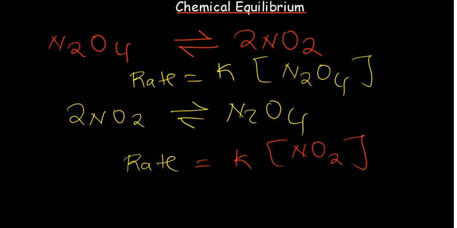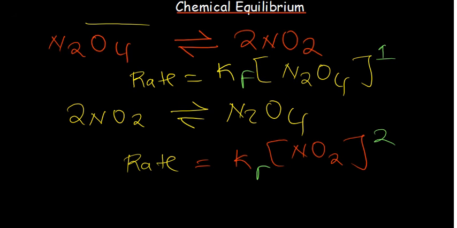For the sake of understanding, of course we determine the powers using experimental data, because it's not necessary that when you have a 1 there, you should also have a 1 there. No. But let's assume the power there is a 1, and then here we have a 2. So for the sake of differentiation, let's consider this one to be our forward reaction, and the other one the reverse reaction.